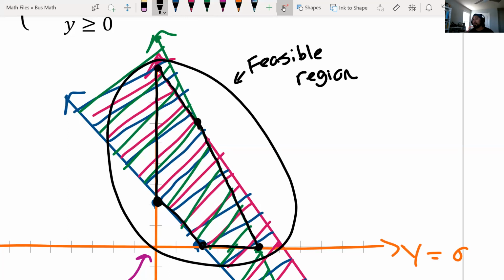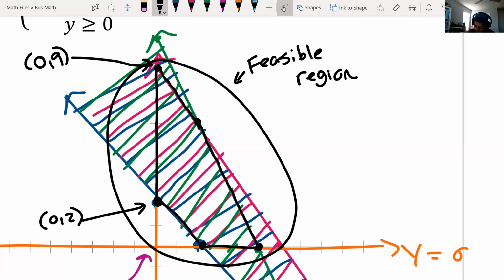And now let's list all the points of our feasible region. So we have, that's (1, 2), that's (0, 2). This point, I believe, is (0, 9). This point is 1, 2, 3, 4, 5, (5, 0).